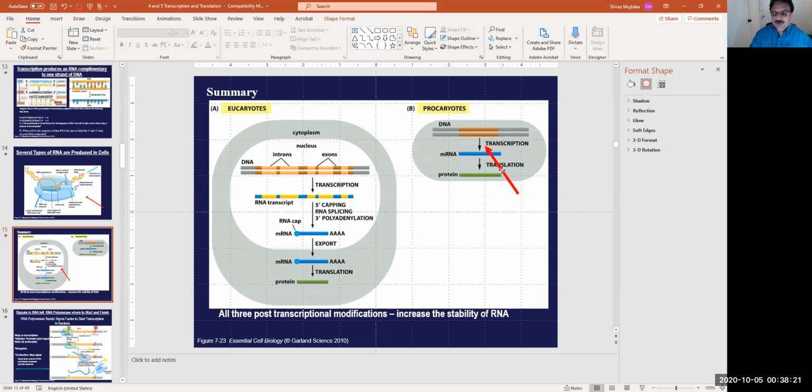DNA serves to transcribe, to make our mRNA, tRNA, or rRNA, and then it is translated on ribosomes. So everything happens in the cytoplasm in prokaryotes, and genes are very simple. Okay, so DNA will code for RNA transcription and then translation. Now in eukaryotes, it is very complex, especially in a multicellular organism like the human body.